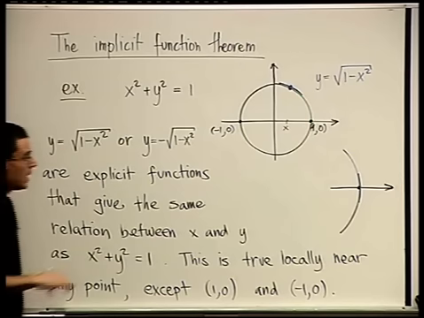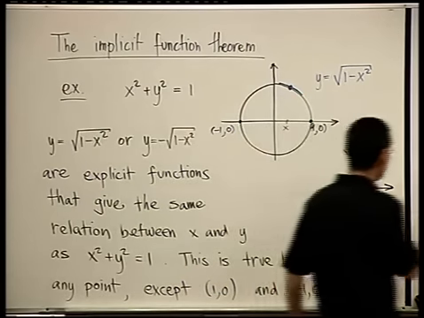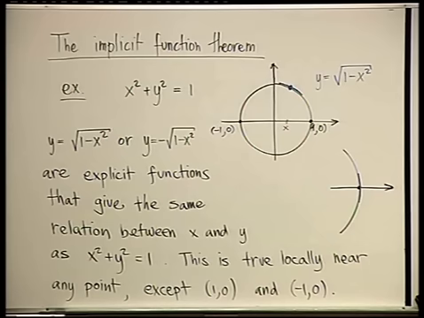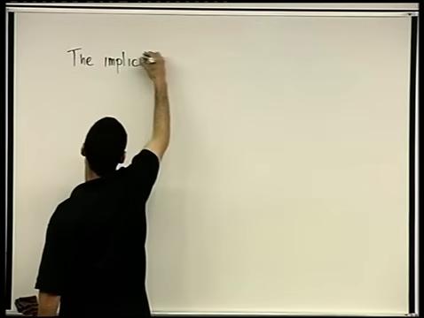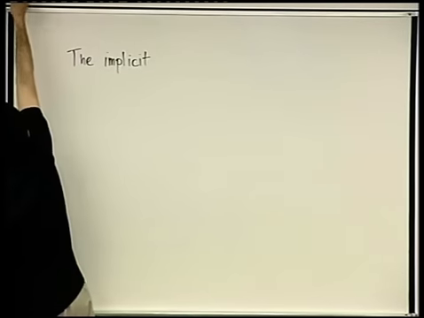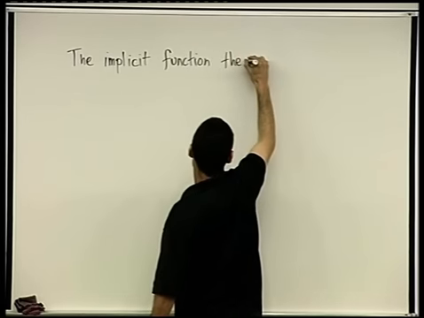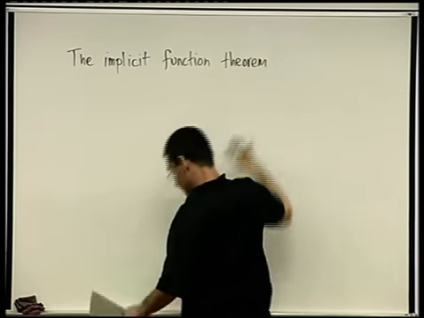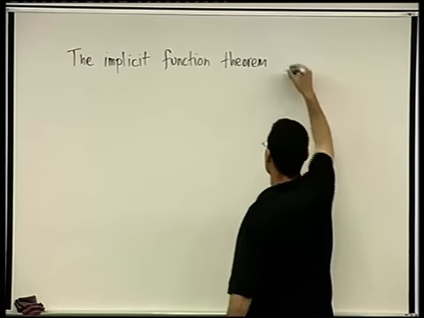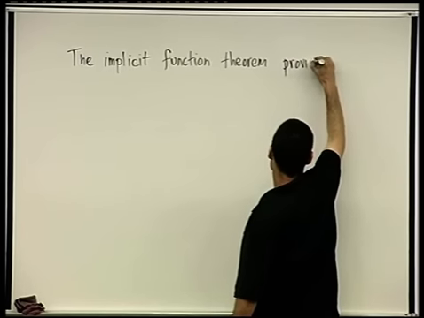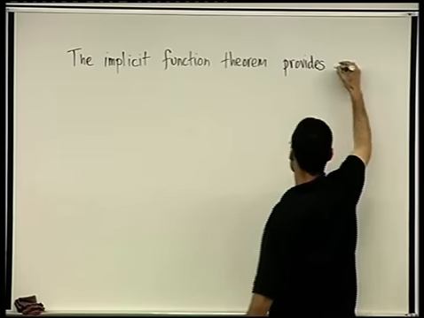Good? So here's what the implicit function theorem is going to do in general. The implicit function theorem, I'm not writing the theorem yet, I'm just telling you, provides conditions.